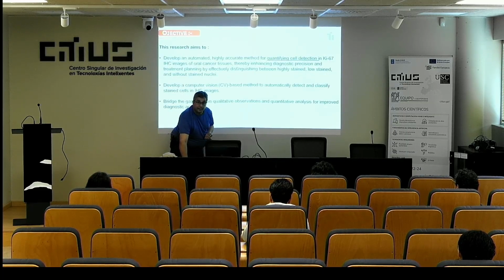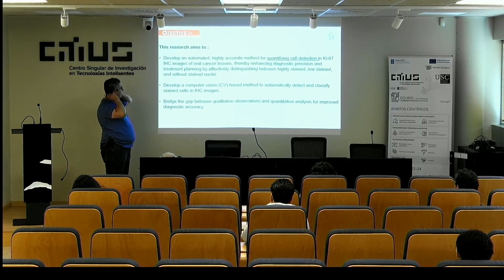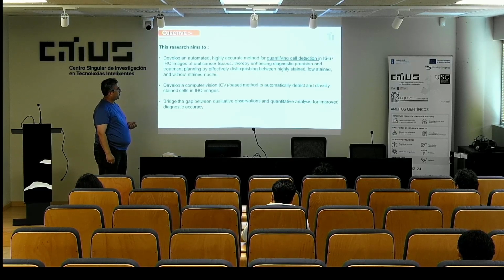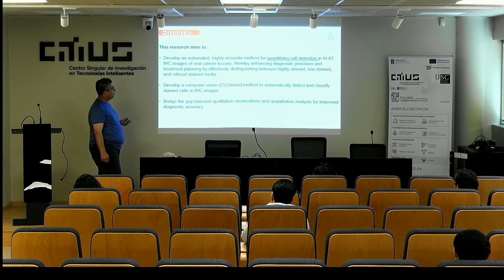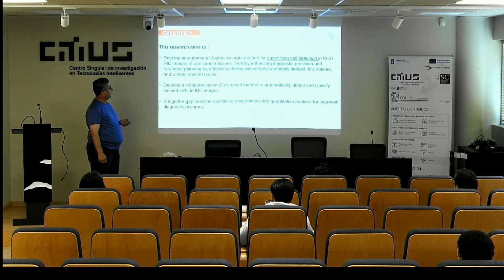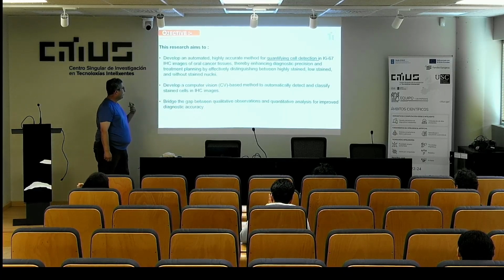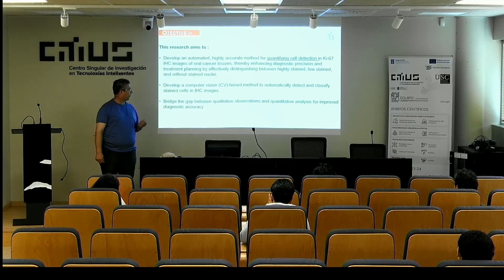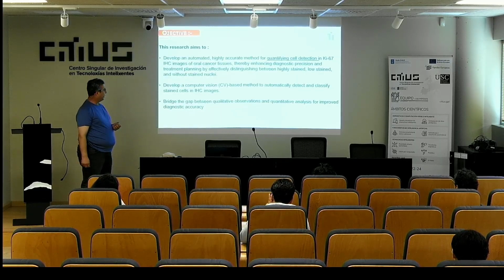We aim in this research to develop an automated, highly accurate method for the cell detection of Ki67 in immunohistochemical images of oral cancer tissue, thereby enhancing diagnosis precision and treatment planning by effectively distinguishing between high stain, low stain, and without stain for nuclear cells, and to develop a computer vision based method to automatically detect and classify stained cells in immunohistochemical images.